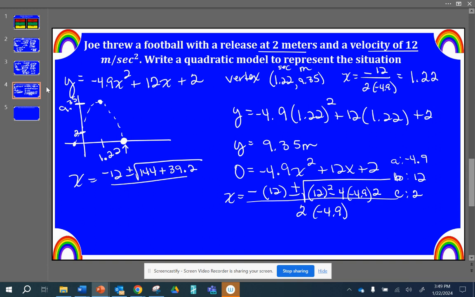And then negative 9.8 on the bottom. I'm going to add 39.2 plus 144. Go ahead and take the square root of that. So the square root of 183.2 gives me about 13.5.